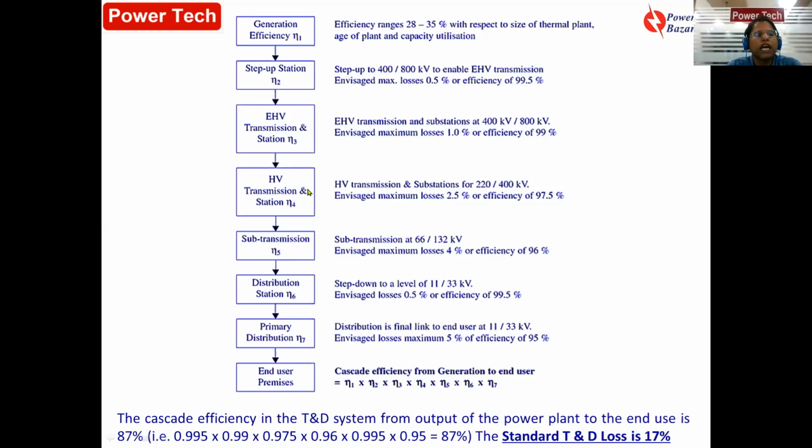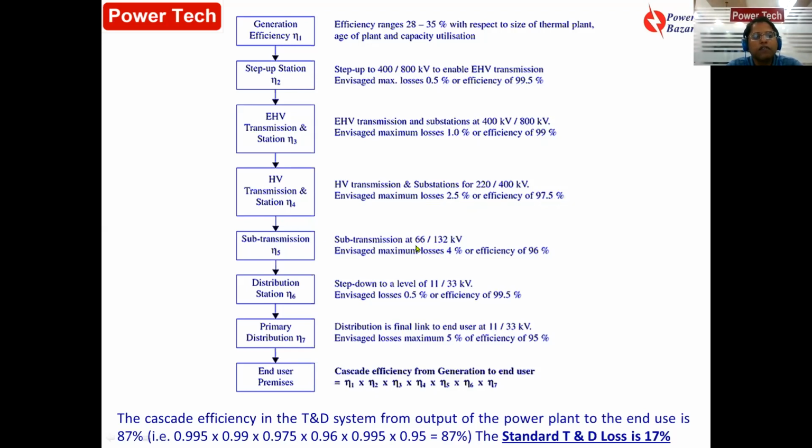Now the HV transmission system, where the voltage is again stepped down so that it can be fed to bigger, medium or smaller industries. The efficiency of the HV system is N4, typically 97.5%. The maximum losses can be 2.5%, so 1 minus 2.5 is 97.5%.